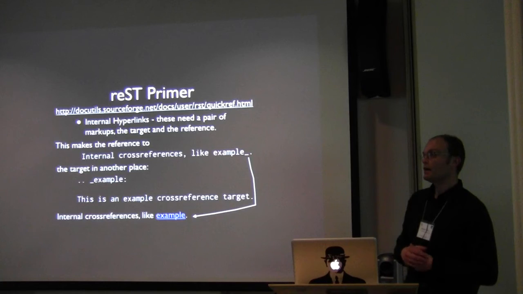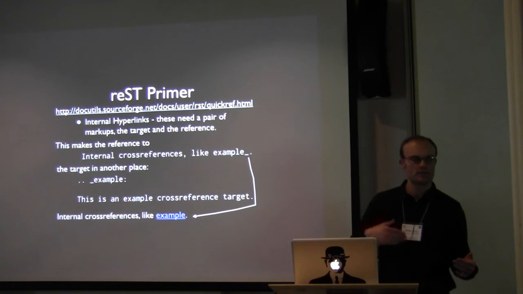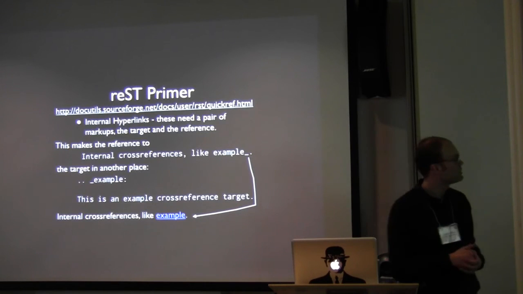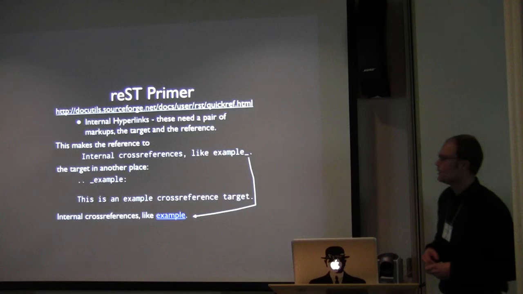You can have internal hyperlinks. These are links from one document to another, or from inside one document to another place inside the document. And it's a two-part process. First, you have to have the target, which is named with 2 dots and then an underscore, example, colon. And then to reference it, you reference the name with a trailing underscore.